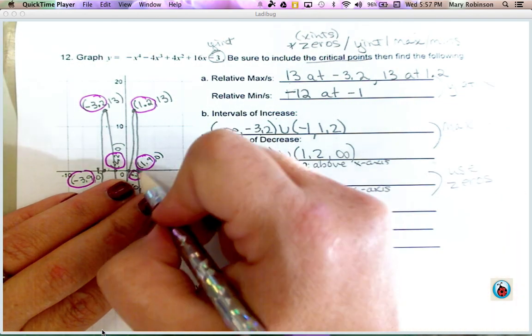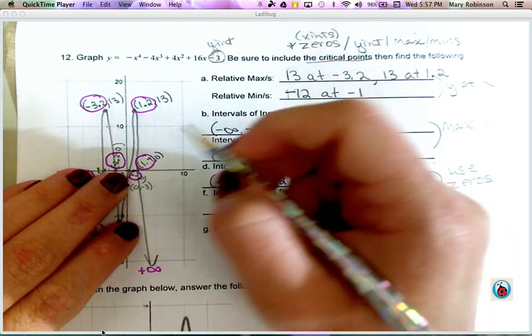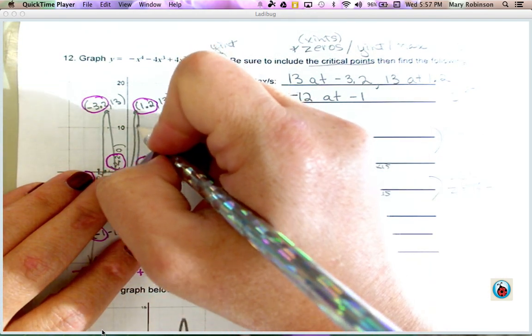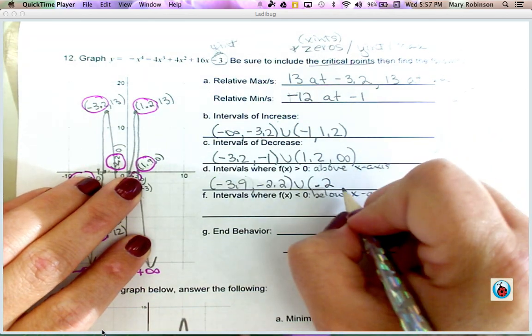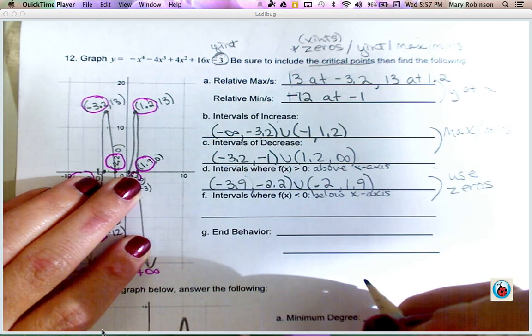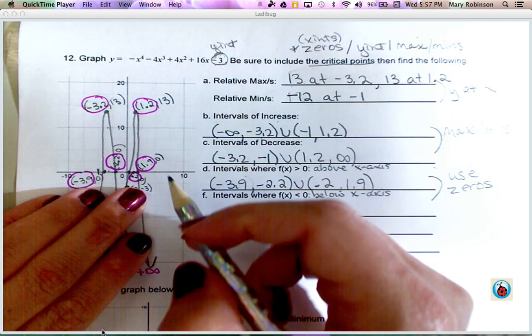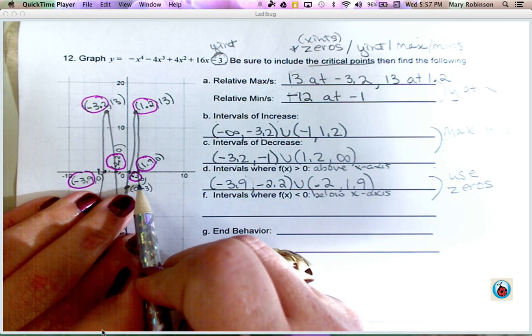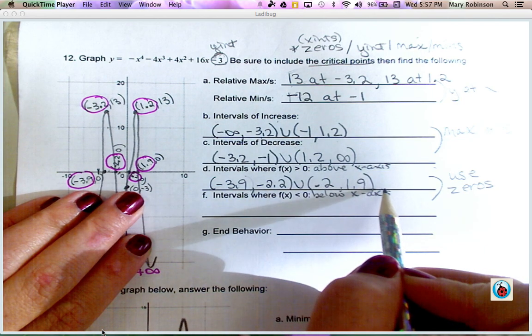And then it goes below, and then it comes above again. It's starting at 0.2, and it stays above the x-axis until 1.9. And that's it. So again, negative 3.9 to negative 2.2, 0.2 to 1.9.